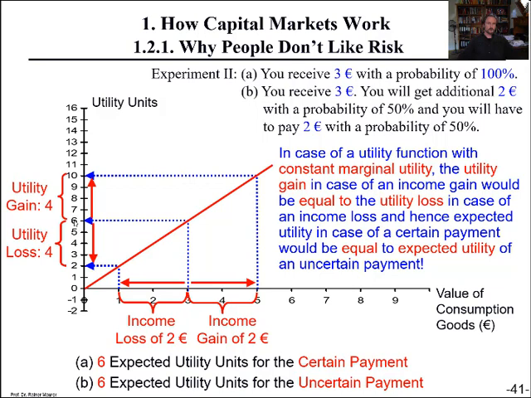So we can conclude that people with a constant marginal utility function would be risk neutral, not risk averse. The fact, however, that most people are risk averse and financial markets demand a risk premium for compensation of risk means that most people have a utility function with decreasing marginal utility.